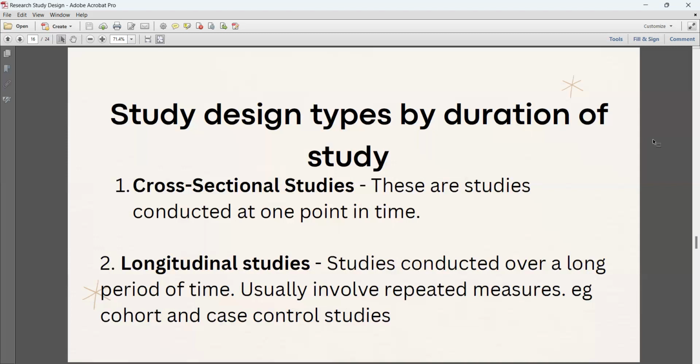We could also have longitudinal studies in other sectors. So in longitudinal studies, we do a lot of measurements as opposed to cross-sectional, where we do one set of measurement. Once our study ends, then we have one measurement.